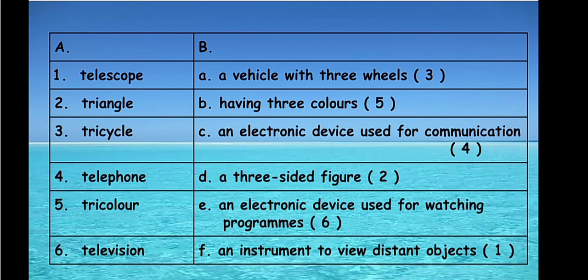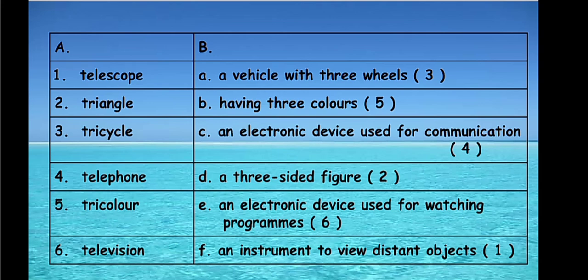Now let's go to the fourth one. Telephone. What is the meaning of telephone? An electronic device used for communication. C is the answer. Telephone is an electronic device used for communication. You can write number 4 in column B. And the fifth one, tricolor.